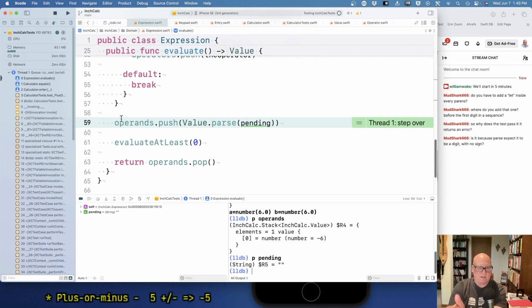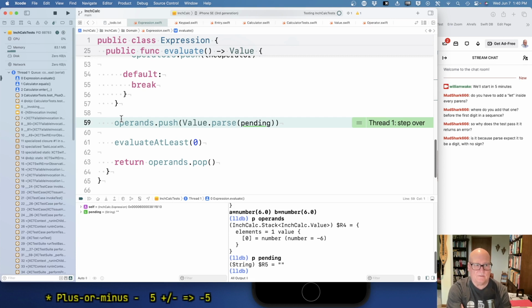I think this is the first time we've had a possibility that the final character wasn't part of an operand, so previously you needed to push pending every time you got all the way through. So if all you type is 37 and then equals, the 3 and the 7 both accumulate in pending, and then you need to create the value and push it, and then that final evaluation that enter does.